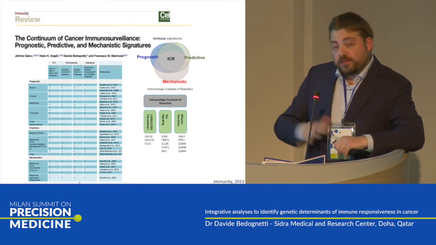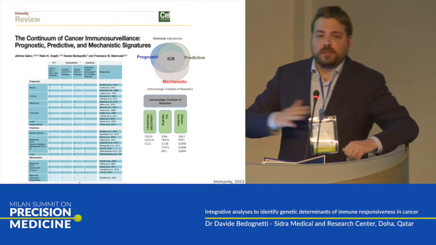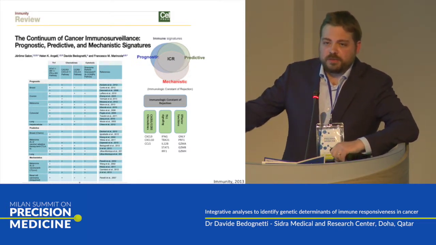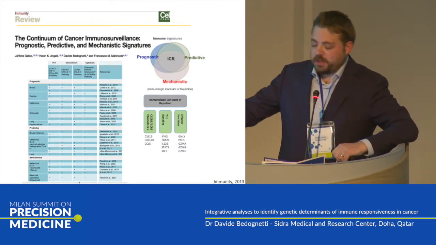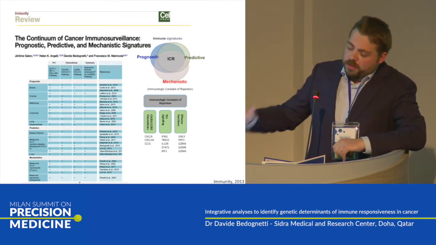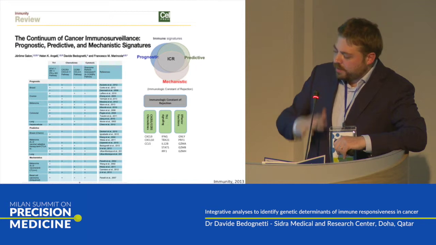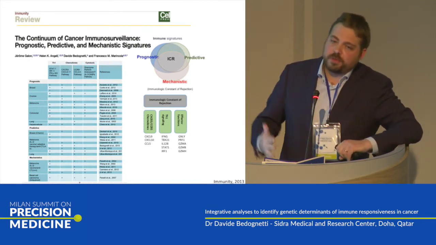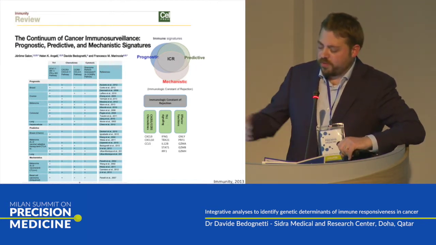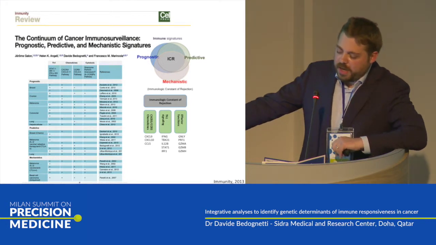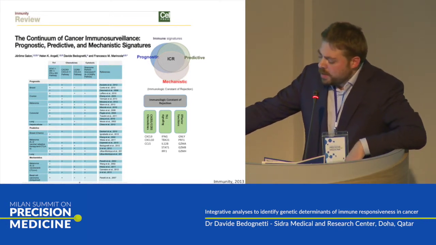Different studies, especially using gene expression, have defined different classifiers. But if you look at the literature, there is always a certain category of genes that is overrepresented over and over in prognostic and predictive classifiers.